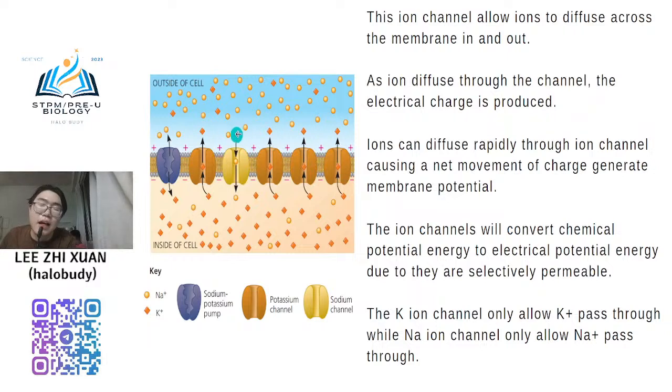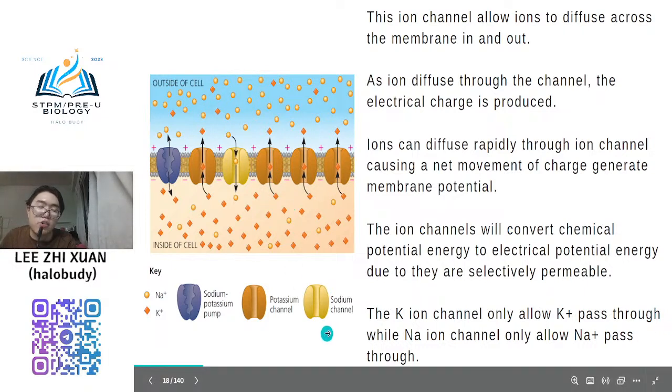Sodium ion outside the cell will pass into the cell, because it goes down the concentration gradient, right? And then the potassium ion inside the cell will pass out from the cell. So that is why your potassium ion channels need to be in high amount.